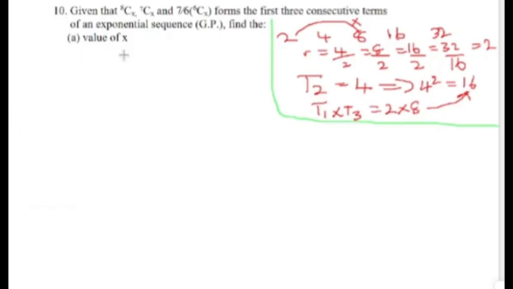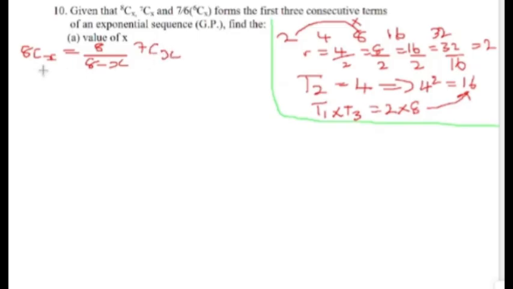Now, the first thing I need to do is write 8 combination x. 8 combination x can be written as 8/(8 minus x) times 7 combination x.